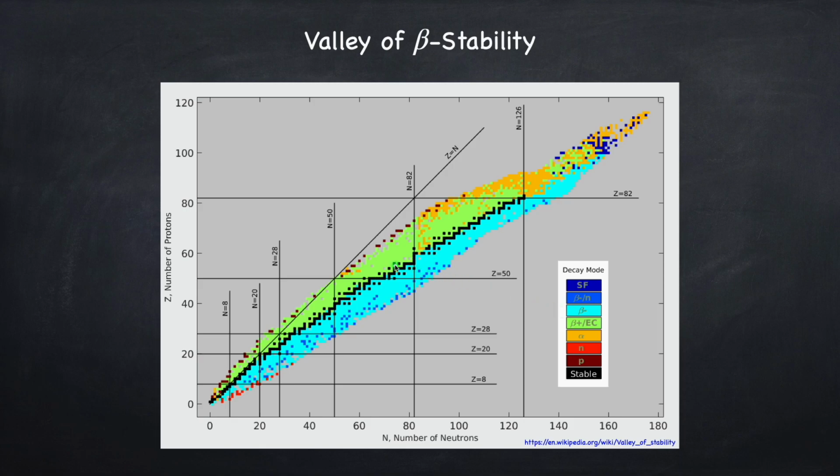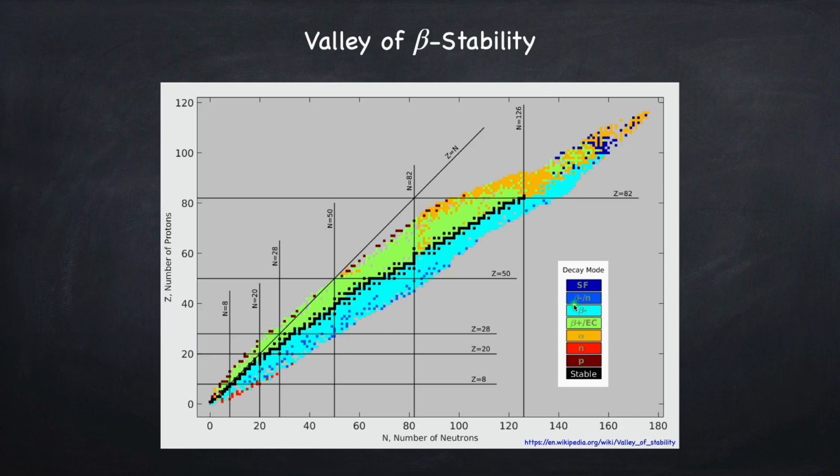If you go to a nucleus that's far away from the valley of beta stability, so let's say far away on the proton-rich side, you start getting these dark red dots, and that corresponds to proton emission. Similarly, if you're too far away on the neutron-rich side, you start getting these medium blue dots, and that's going to correspond to either beta minus decay or neutron emission. Why is it both?